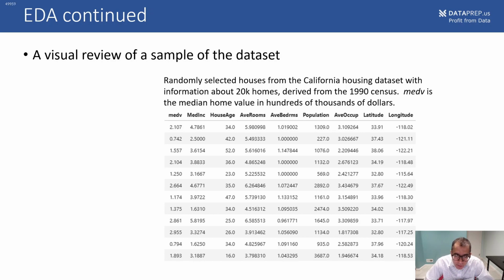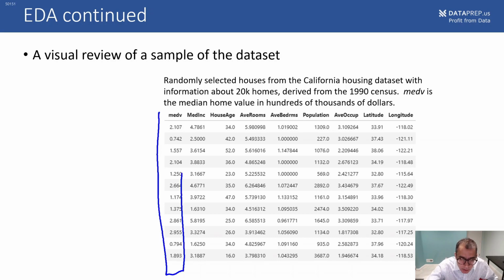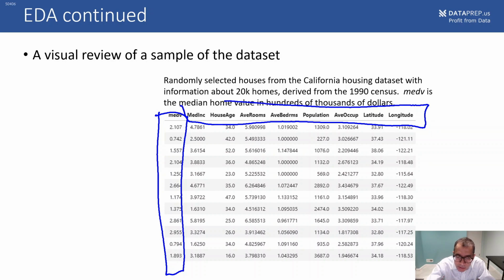And MED-V, which is the first column here, this one here, is the median value of the house in hundreds of thousands of dollars. And then there are all of these other variables that are available to us relating to those homes. How many bedrooms, what's the population of the town that that house is located in, etc. So we have all of this information.